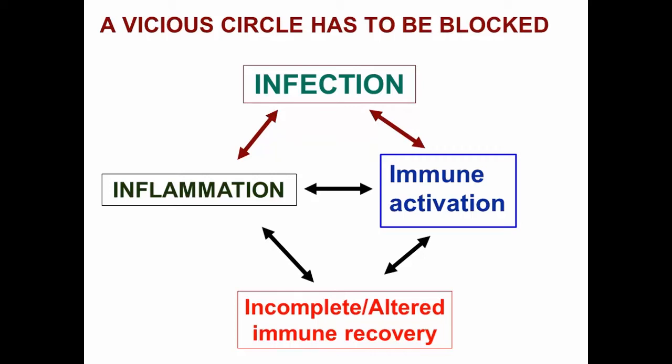The point is that in any case there is a vicious circle because the virus infection provokes immune activation that increases the number of infected cells. Immune activation is linked to inflammation, and inflammation and activation are linked to an incomplete and altered immune recovery.